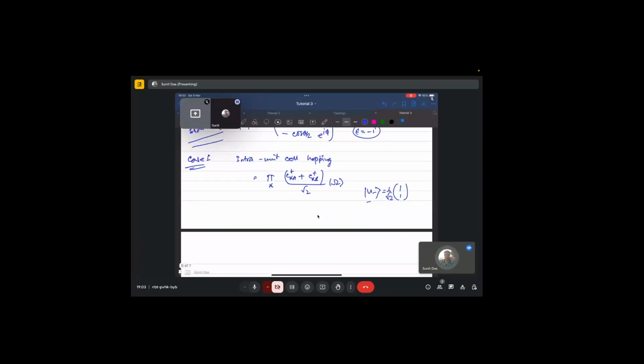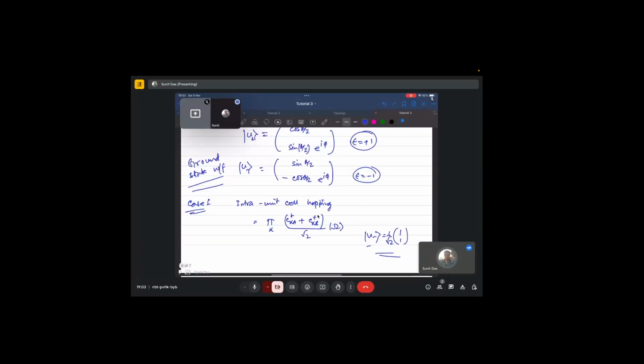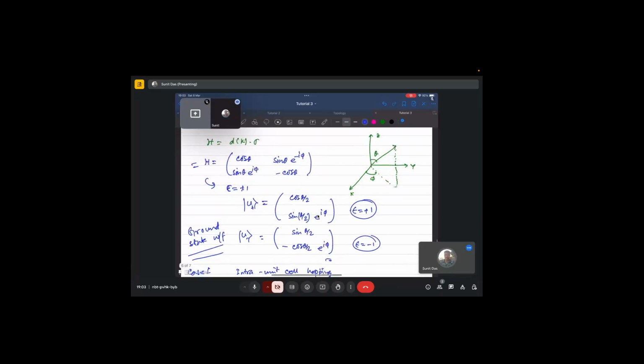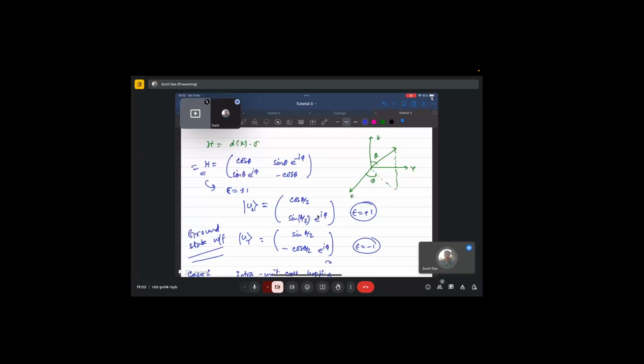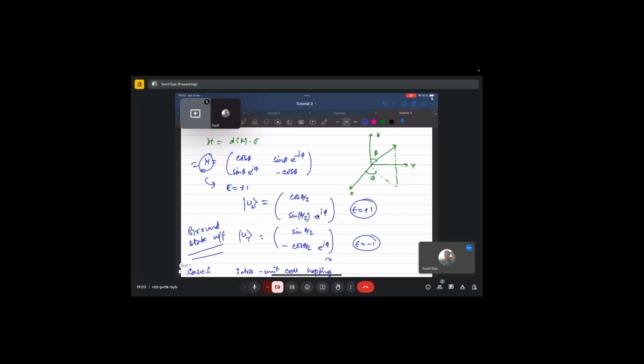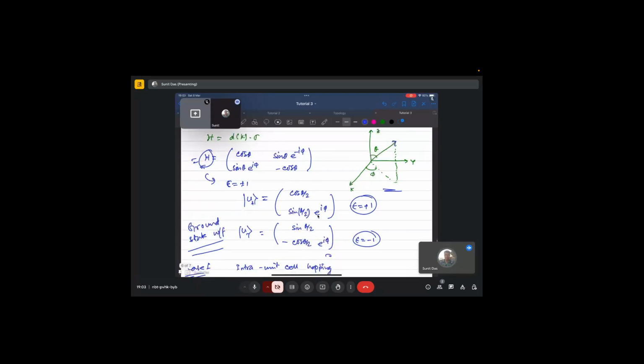Now we compare this wave function with the ground state of this Hamiltonian. This is the Hamiltonian we are considering and comparing, because the eigenstates can be represented by a vector in this 3D coordinate system, again characterized by theta and phi and so on.